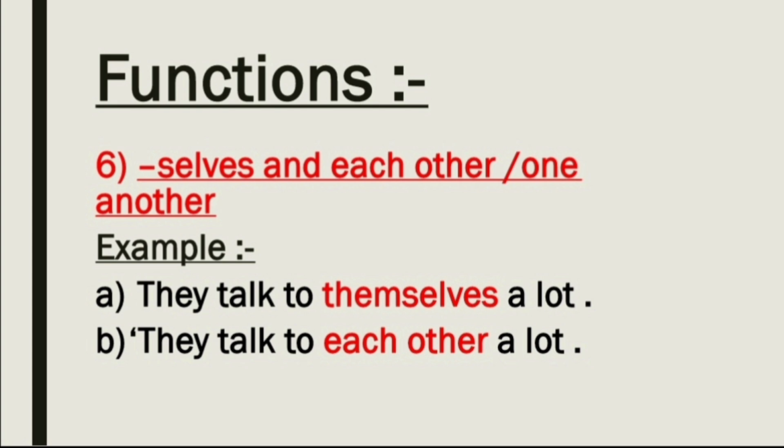The first one is: they talk to themselves a lot. It means that each of them talks to himself or herself, which is a reflexive. Then using a reciprocal means that the action is received by both simultaneously. They talk to each other a lot means each of them talks to the other.